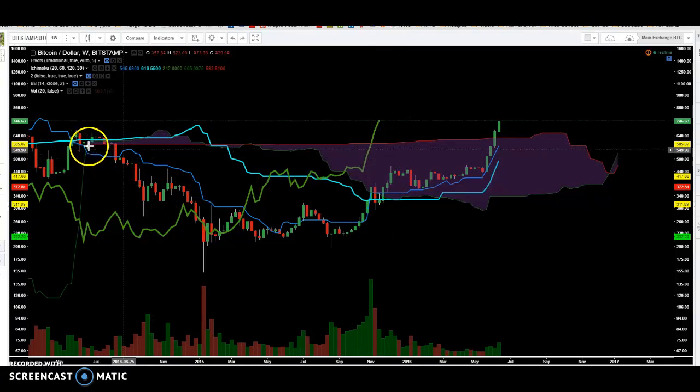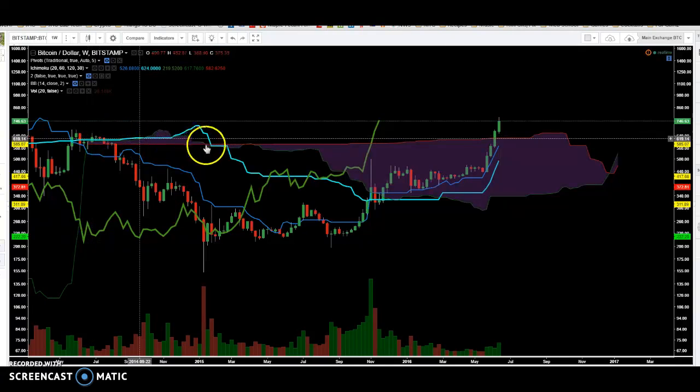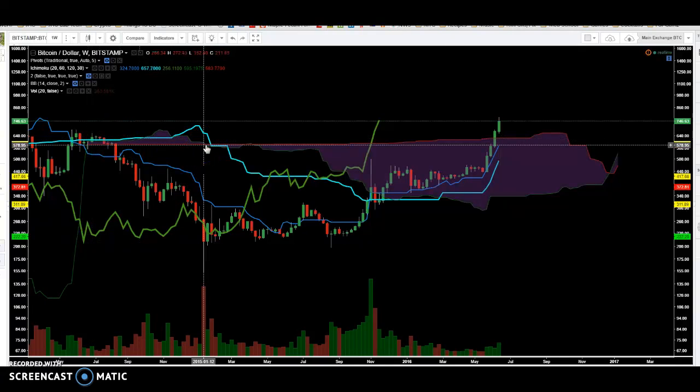You can see since January 2015, we had a bearish cloud. Price was below the cloud since June 2014, which is also another bearish indicator. It's the first entry signal for the cloud system. It's what's called a Kumo breakout, Kumo break up, Kumo break down, however you want to say it.